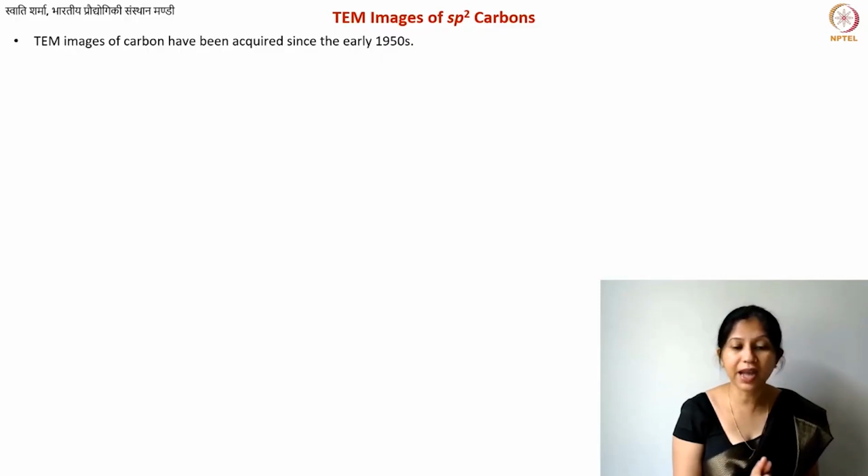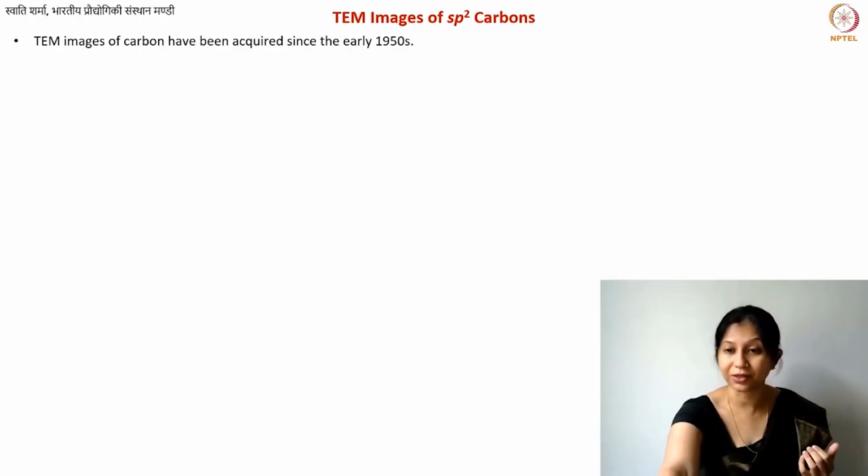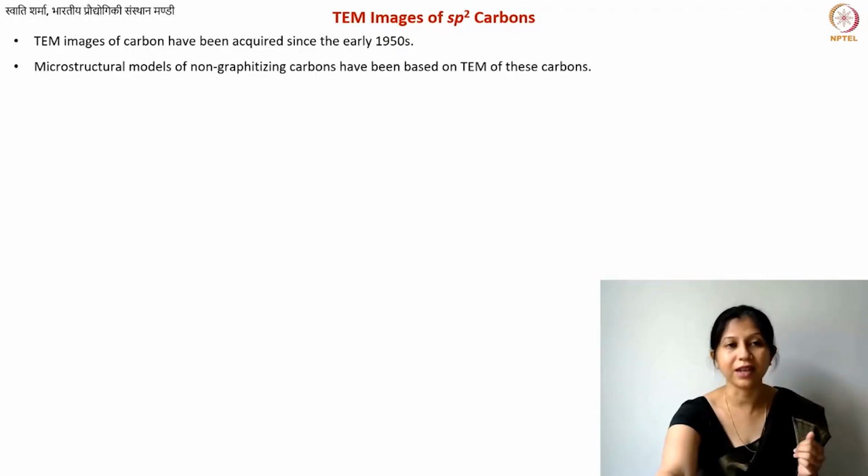Okay, the point is that if we relate the history of carbon materials development and the history of transmission electron microscopy, these are connected because we have always been using TEM to visualize our carbon materials. As far back as the 1950s we used it. One very interesting development in the entire carbon community was that we understood what non-graphitizing carbons are, right?